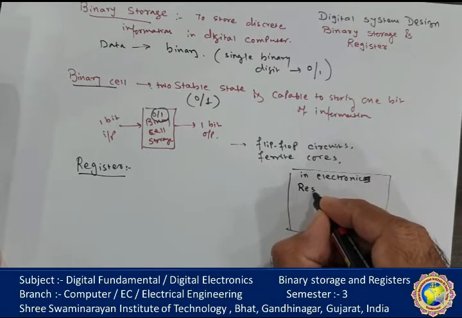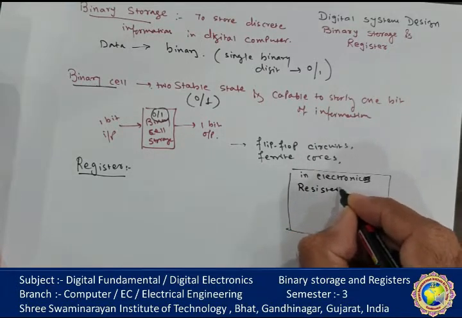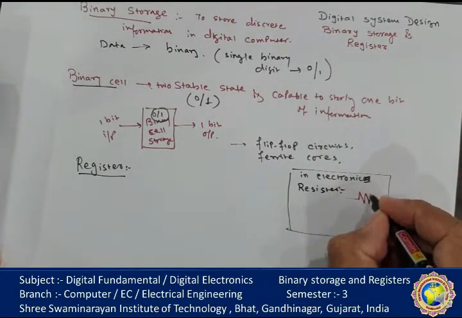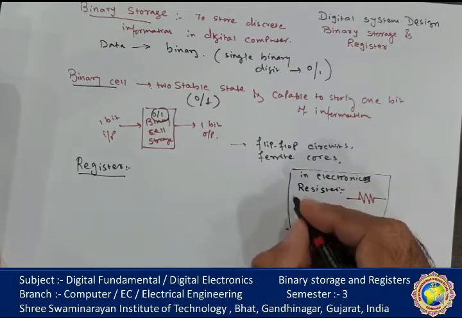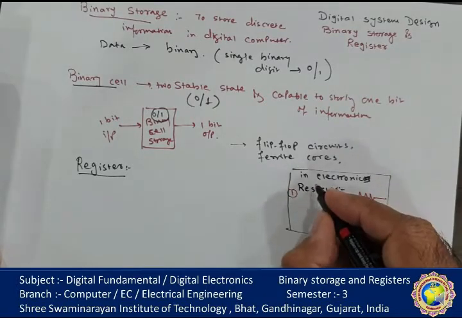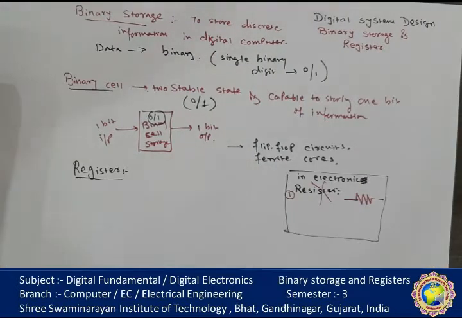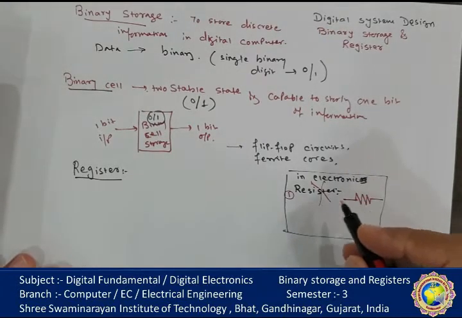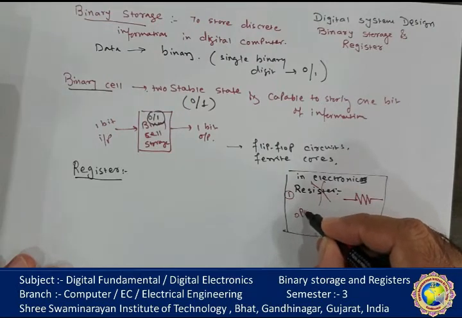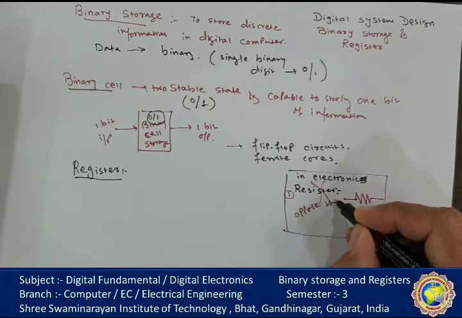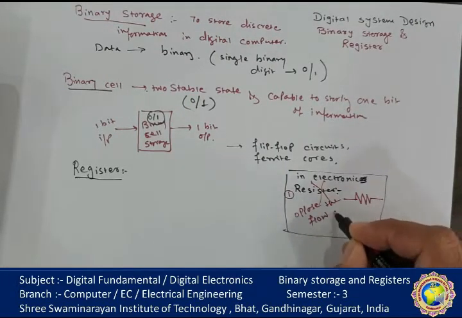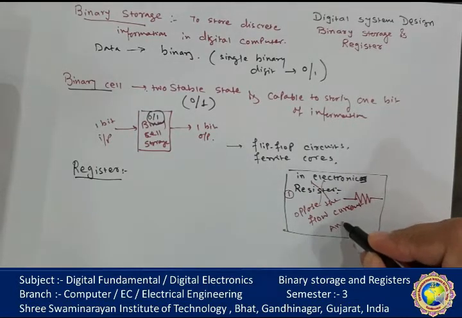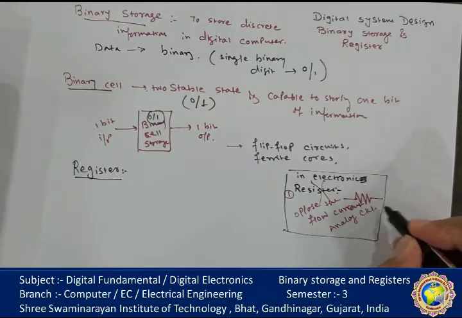One is the resistor. This resistor is an opposition to the electrical signal, this symbol. The purpose of this resistor is to oppose the flow of current, and it is used in analog circuits.